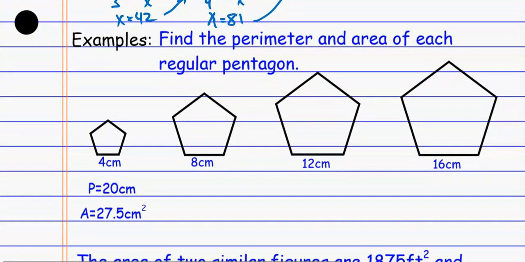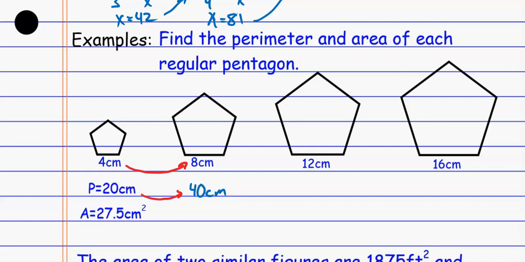If we look at something like this, it says find the perimeter and area of each regular pentagon. And so once again, we think about the relationship here. Look at what you have to do to get from side to side. So here, you would multiply by 2. And if that's the relationship between the sides, the relationship for the perimeter is literally the same thing. So it's times 2, and if you multiply by 2, that gives me 40 centimeters.